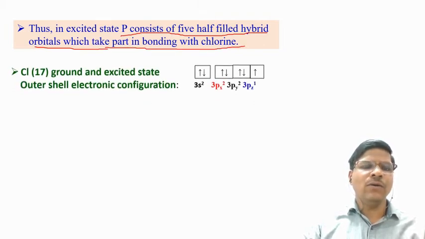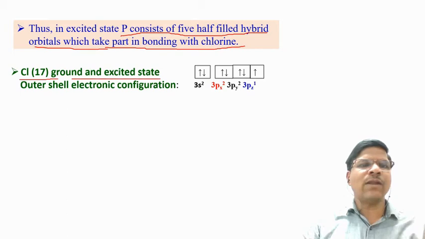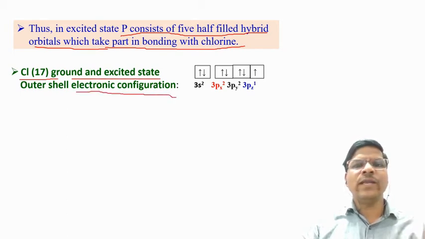So we have chlorine, the atomic number of chlorine is 17. The ground and excited state electronic configuration of chlorine is the same, and I have represented here the outermost shell electronic configuration 3s2, 3px2, 3py2 and 3pz1.